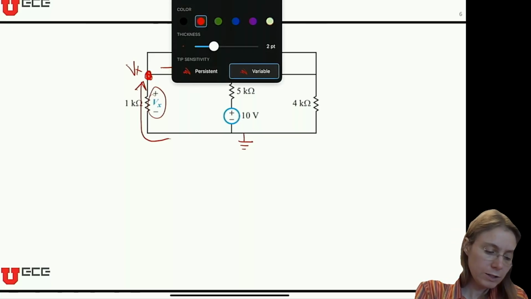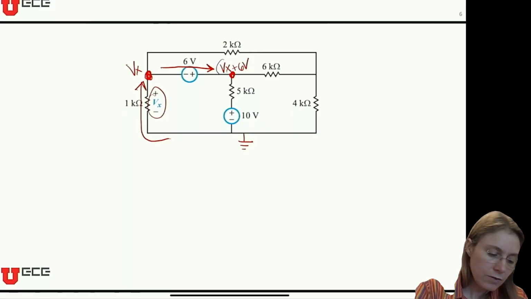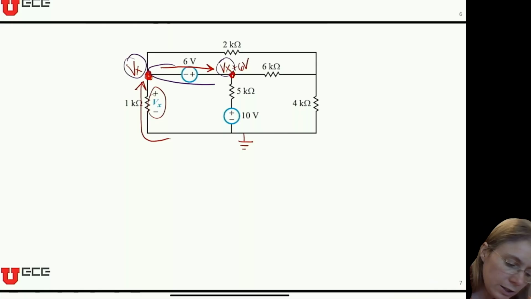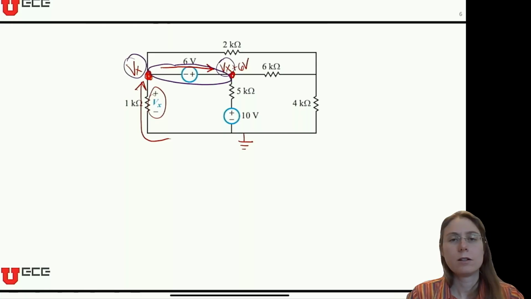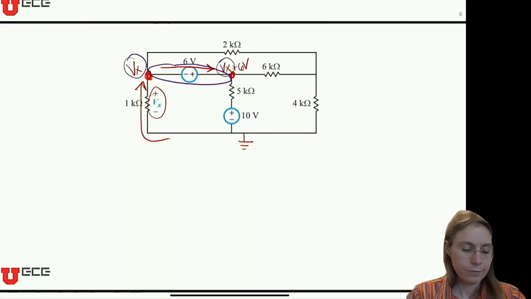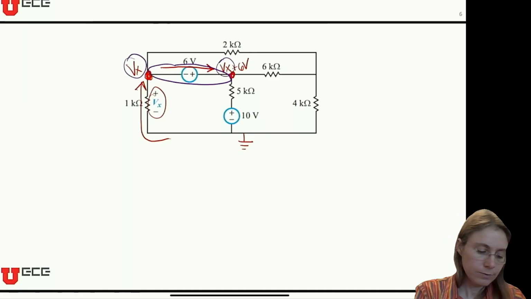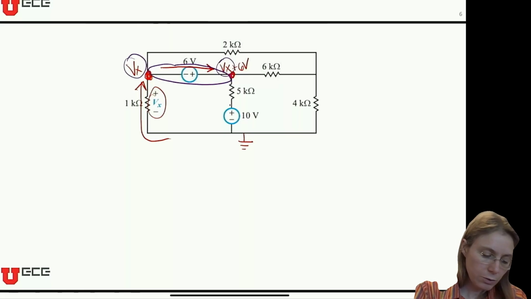And notice again, because I have Vx on both of these, it's a good indicator to me that I'm going to need a supernode across. And then let's label our other unknown ones. Well, this one is known, traced through ground, plus 10 volts.